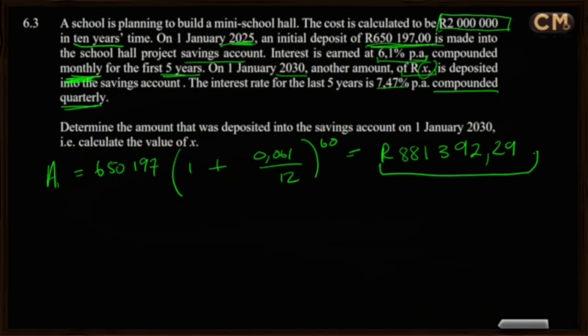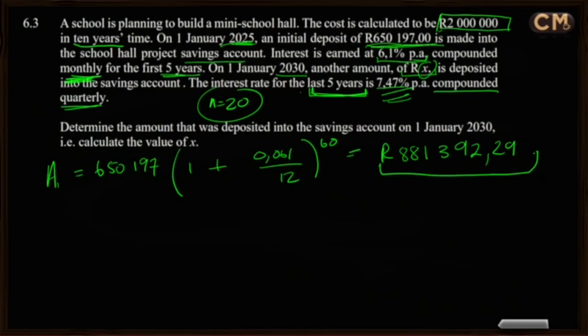So there's 10 years in total, so the last 5 years of this period gets multiplied by 4, so we have n equal to 20 for this, and we have a new interest rate of 7.47% to work with.